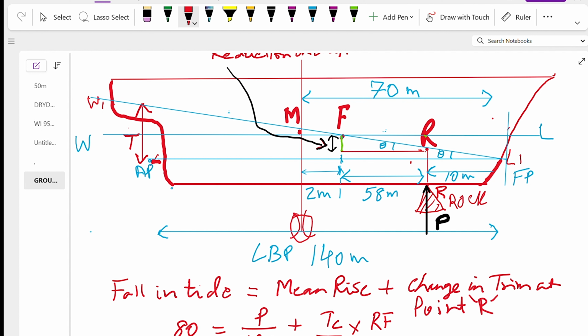I just marked here the green line, which is the reduction due to trim here, and we compare it with the total trim. So total trim upon LBP. This is a ratio, and here the ratio is the change in the draft at R upon distance from center of flotation. It is in the same ratio. So it will be change in trim upon LBP, just multiply by distance of the grounding location from center of flotation, which is RF in this case.